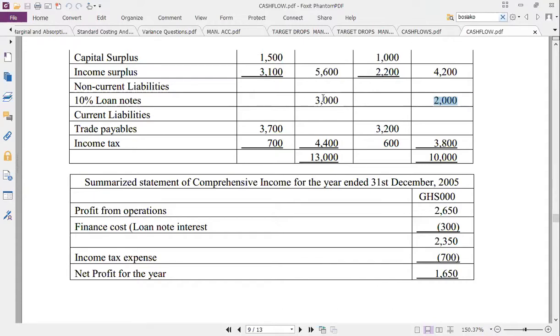Now let's continue the game. Once you have interest expense in the financial statement like this, you don't need to worry about the calculation of the interest. If you want to calculate it, 10% of 3,000 gives us 300, and that's the interest expense you see there. Great.